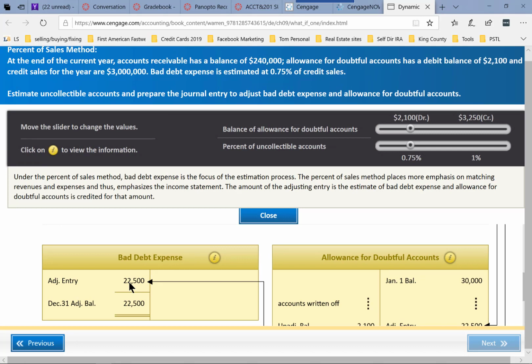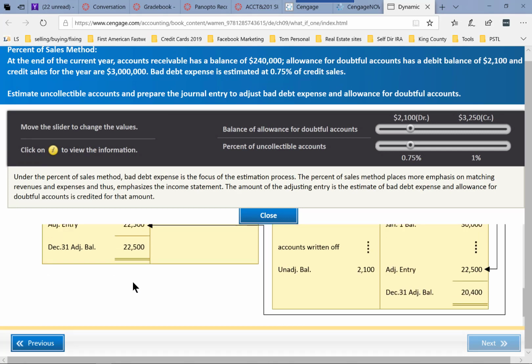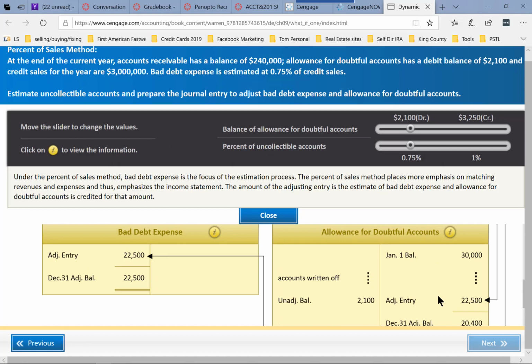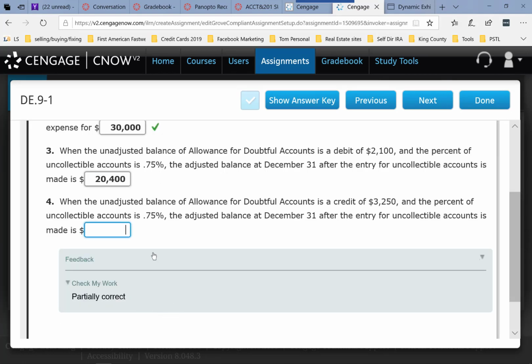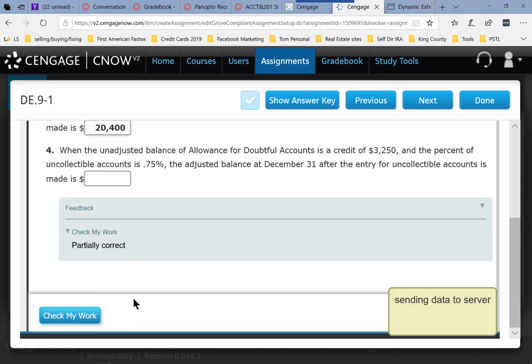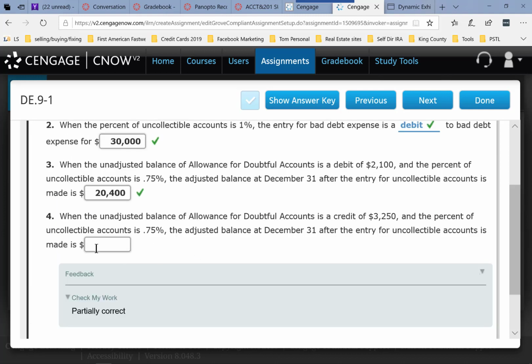We're back to the 22,500 expense, but now the adjusted balance for allowance for doubtful accounts is 20,400. So we come back here, and that's 20,400. Let's check my work. We got that right.